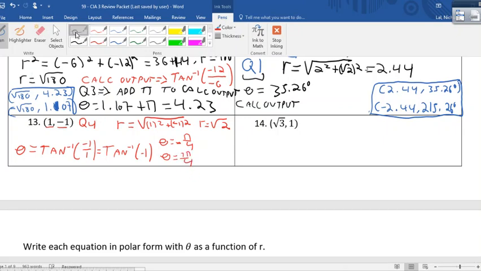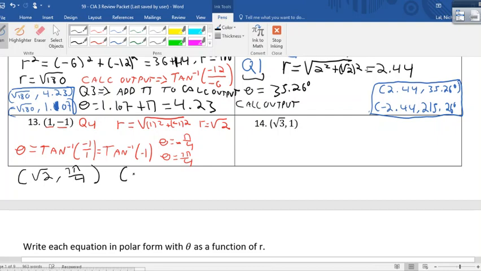So our two representations could be: our r value is the square root of 2 and our theta value is 7 pi over 4. A second representation could be our r value is minus the square root of 2, and our theta value is, well, if 2 pi equals 8 pi over 4, and pi equals 4 pi over 4, then we could subtract pi and get 3 pi over 4.